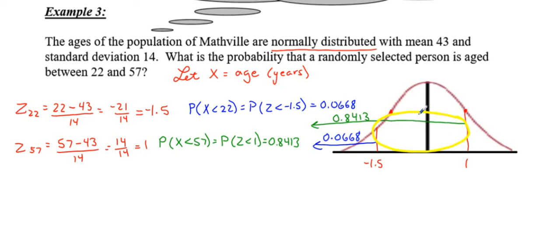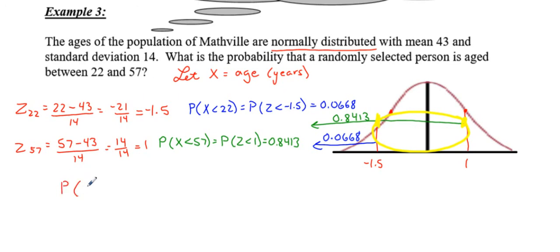So what we are interested in is what's in between these two values. So we just want this section here of the green, really. What we do is we take the 0.8413 and subtract the blue section, which overlaps, 0.0668, and it leaves us with this green section here, which is in between our two z-scores.